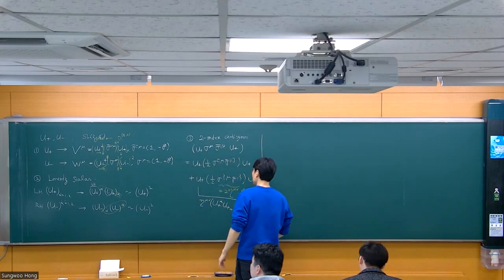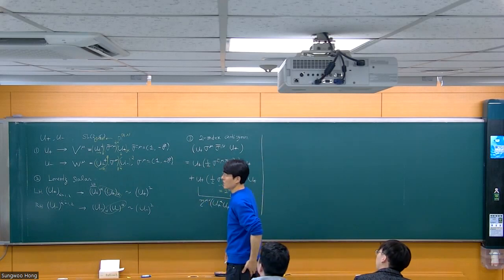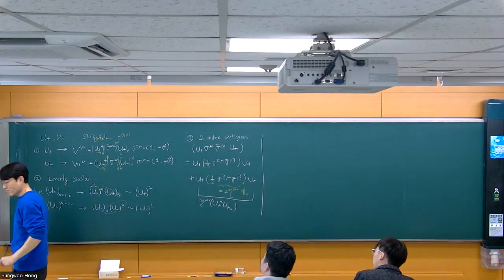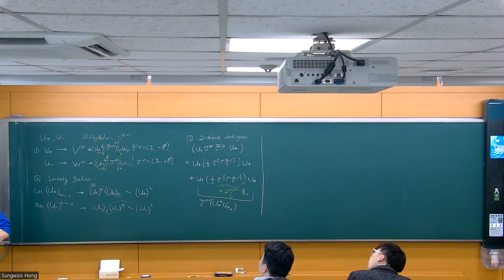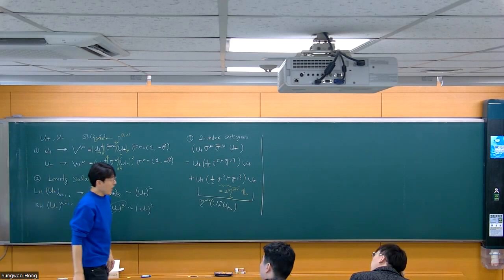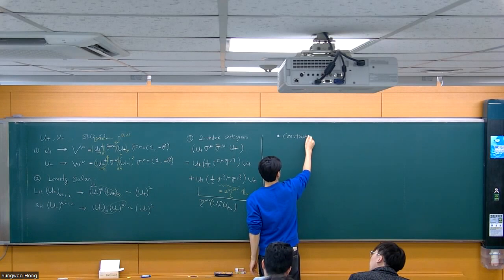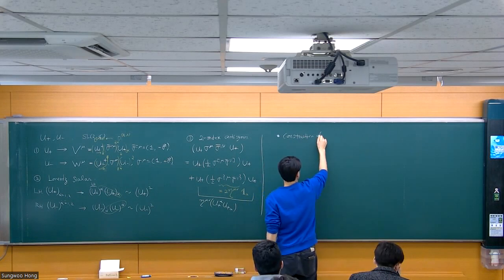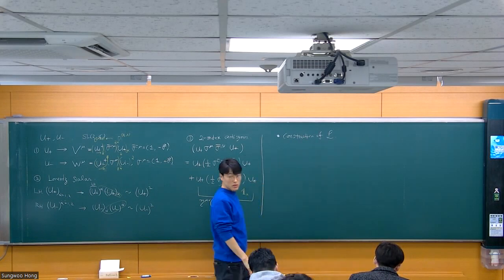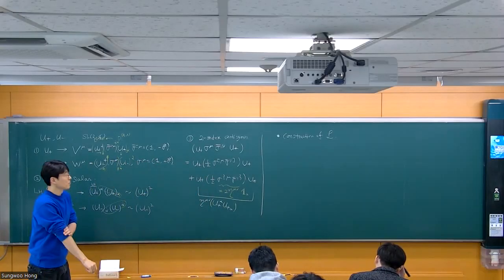Now, having understood this much, let's start constructing a Lagrangian out of this object. Any questions so far? Okay, so now I want to construct a Lagrangian out of this fermionic field.